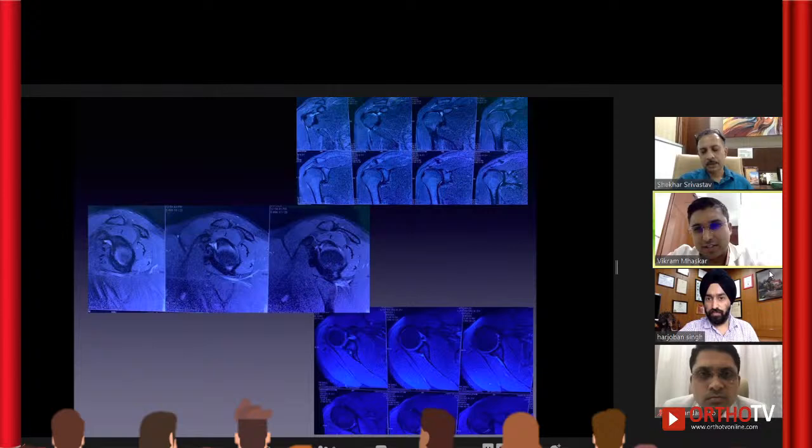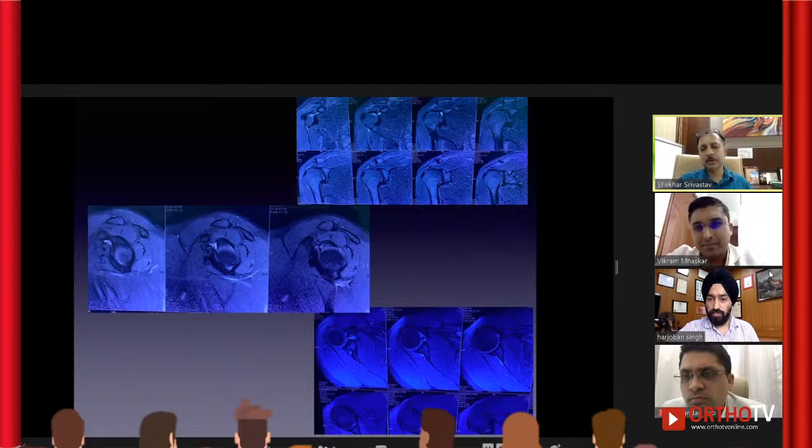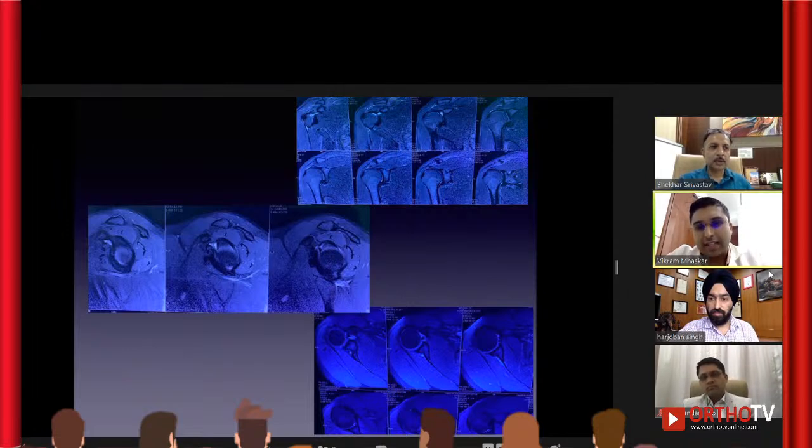Okay. So my first thinking will be that it's some sort of anterior instability. I think that is quite clear from these images, that we're dealing with an anterior instability.